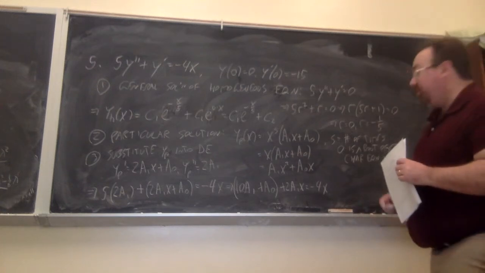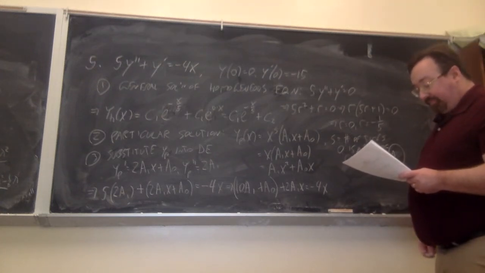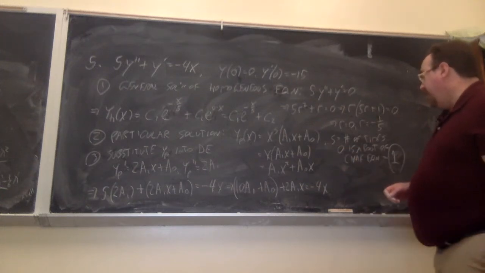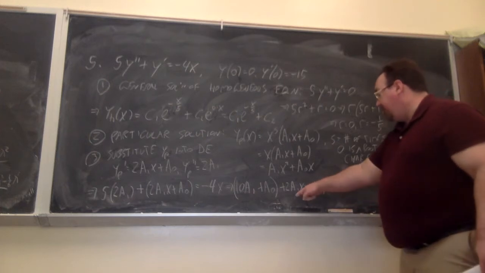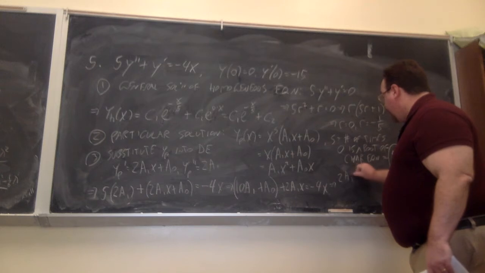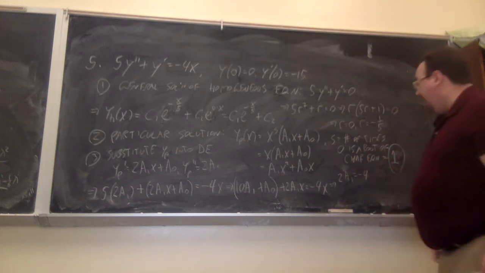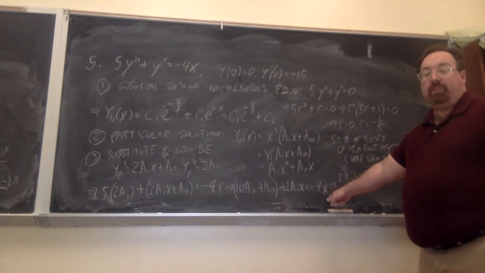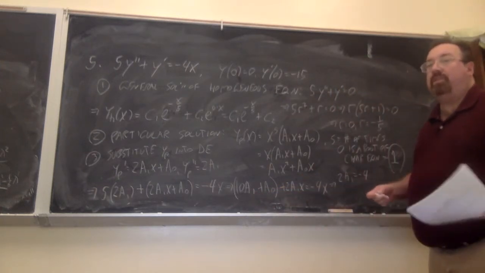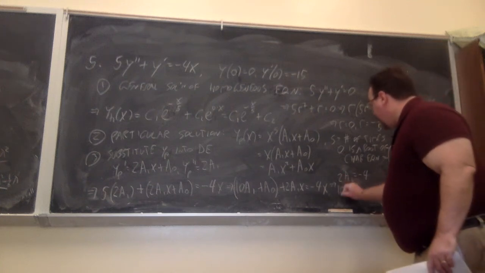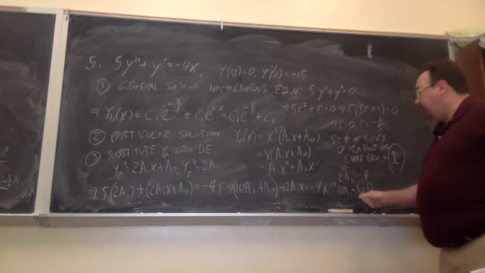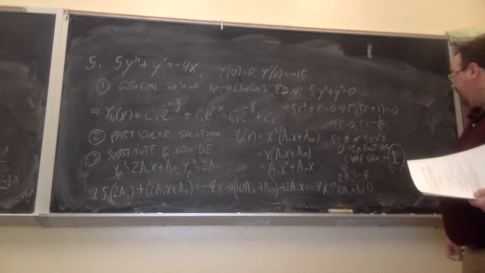So now what you can do is match up like powers of x on both sides of the equation. For the linear term, we have 2a1x and minus 4x. So we have 2a1 is equal to minus 4. And then there's no constant term over here, so this constant term has to disappear also. It must be 0. So we have 10a1 plus a0 is equal to 0. These two equations you must solve for a0 and a1.